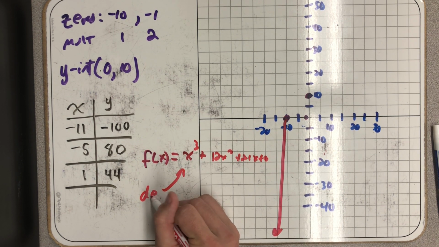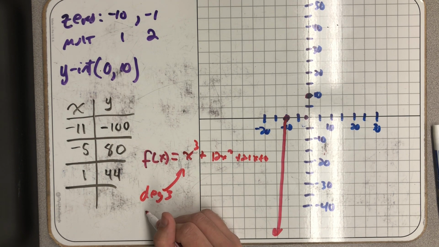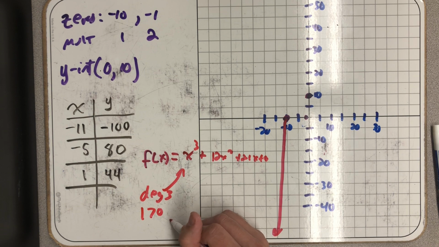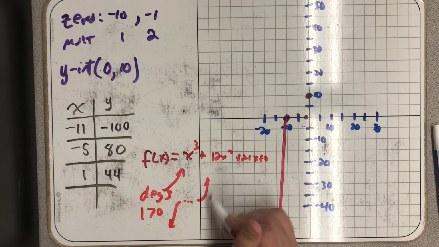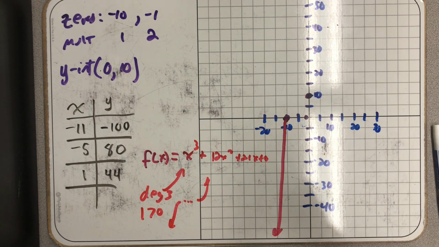Well, the degree is 3, and the leading coefficient is positive. 1's bigger than 0, so my end behavior was always going to be falling to the left and rising to the right, and so I see that behavior there, and I feel really good about it.